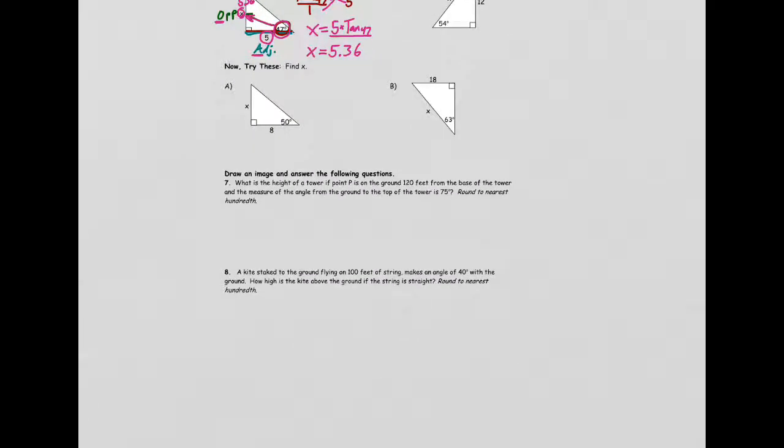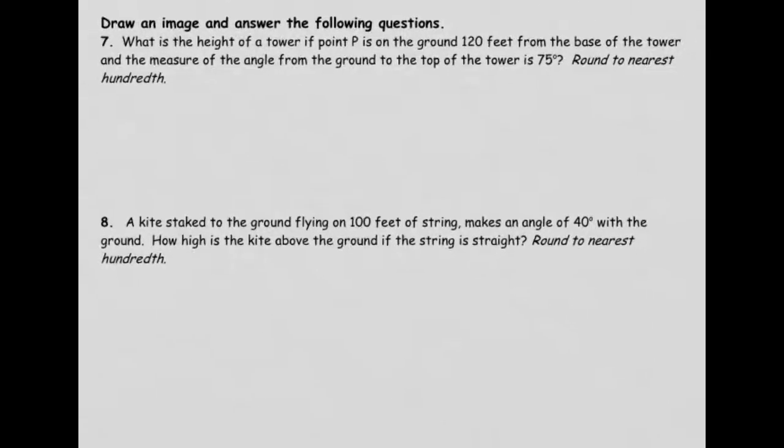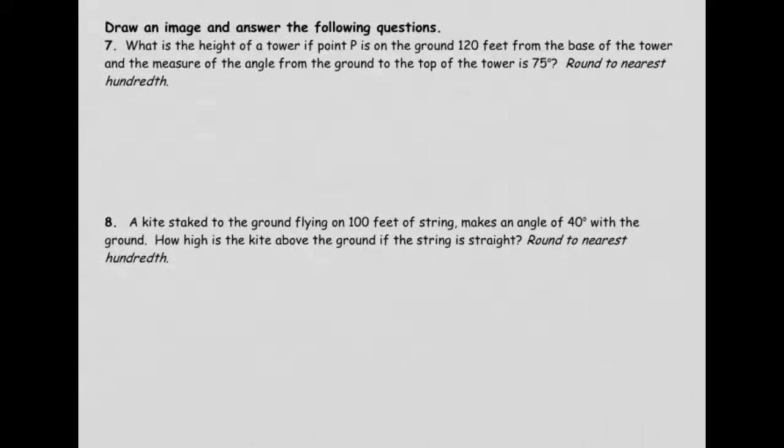Alright, so finally I'm going to go and do one of these word problems just so we have an idea of how to do those word problems. And then I'm just going to let you finish the rest of these notes on your own.